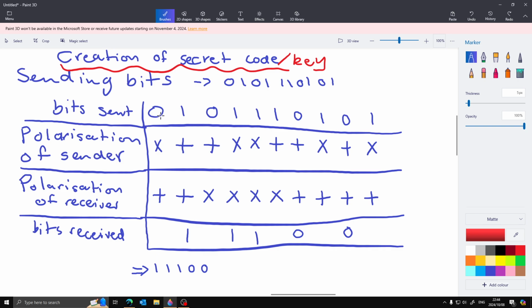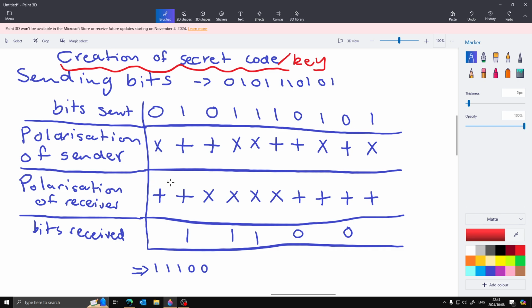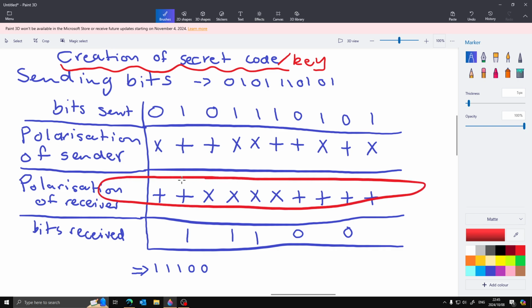So if I had to send 0, 0, 1, okay, so it goes 0, 1, 0, 1, 1, 1, 0, 1, 0, 1. Send it through. This is our polarization that the sender has, okay? And on the other side, this is the polarization of the receiver.